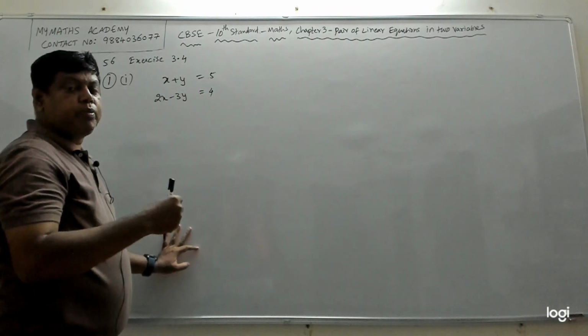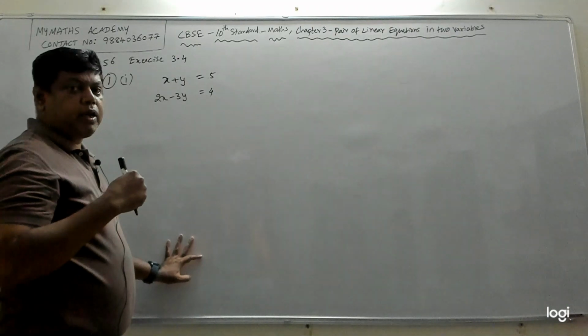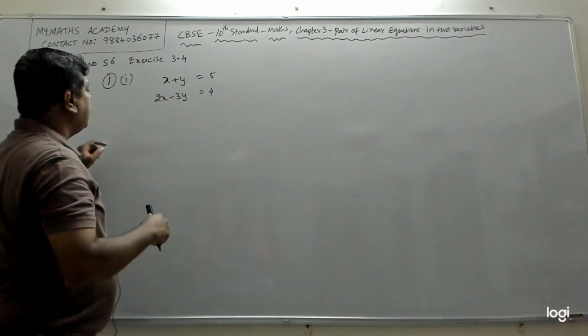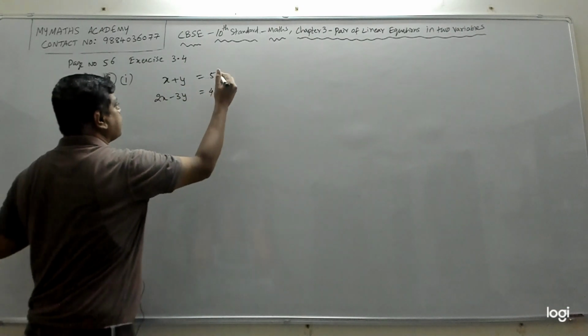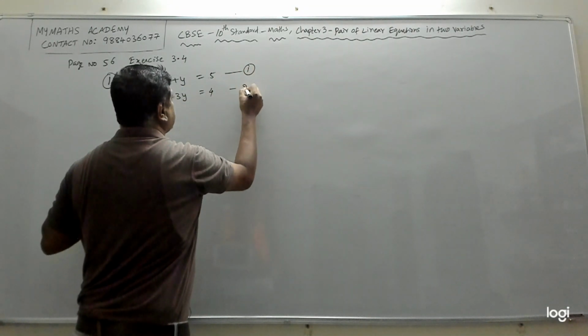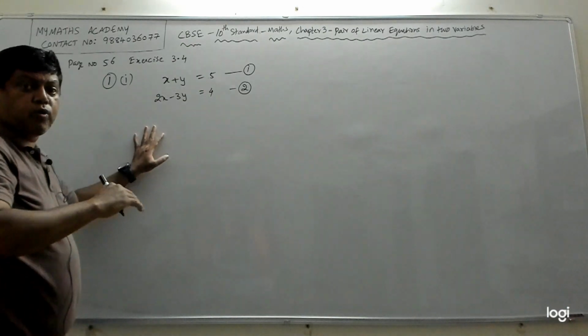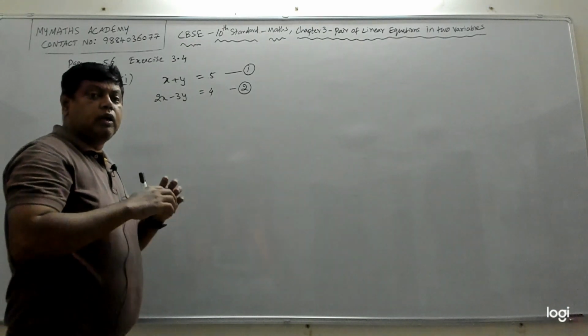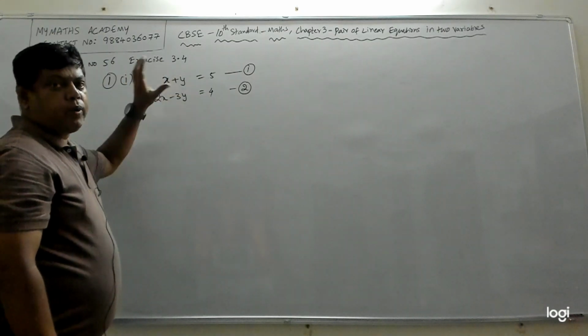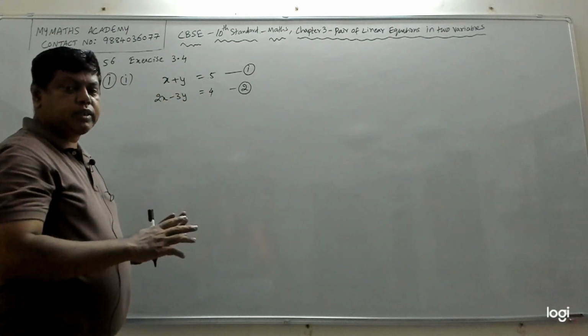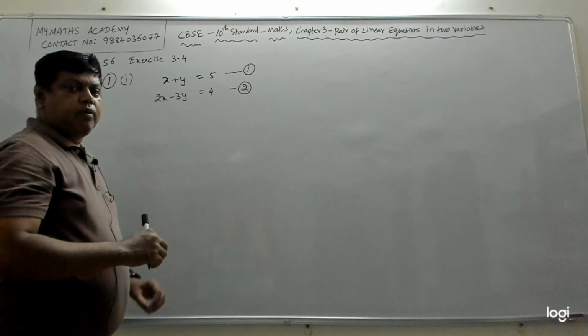So 1 and minus 3 are not the same, which means we should make the coefficient the same by multiplying the first equation. The coefficient has to be the same for either x or y, for one of them. If it is not the same, then we can make it the same.